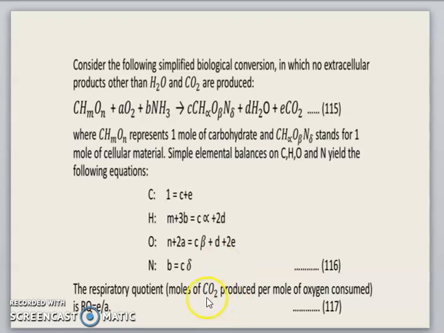So it will be based on CO2 over oxygen. This equation is based on the stoichiometric equation represented by equation 115 here in the notes. For other stoichiometric equations, you have to look at the number of molecules in the stoichiometric equation.